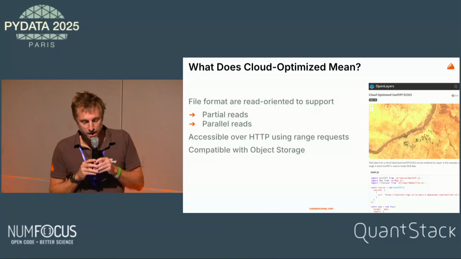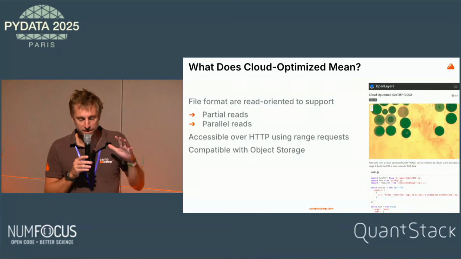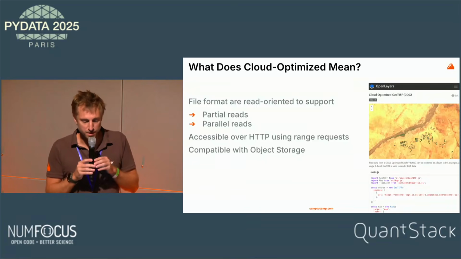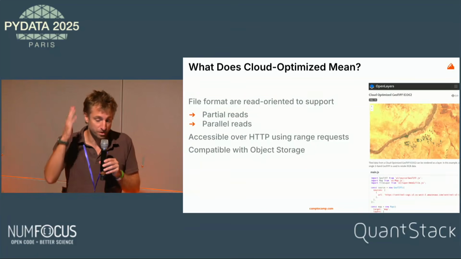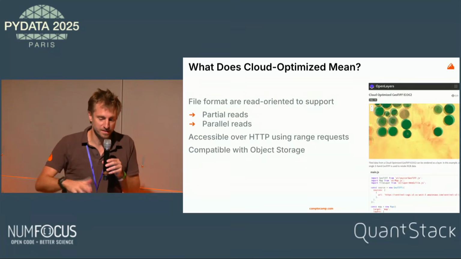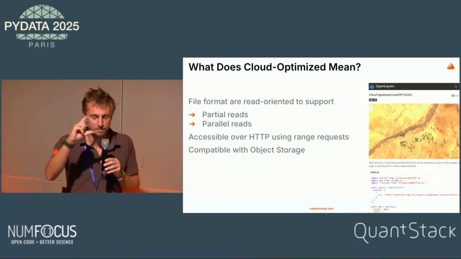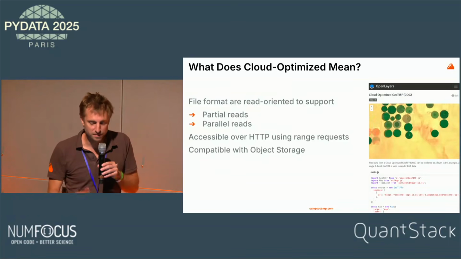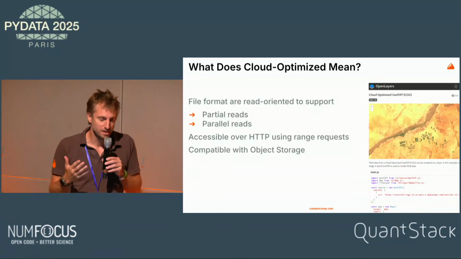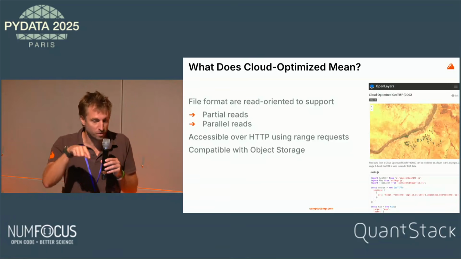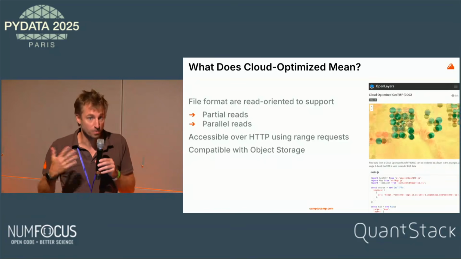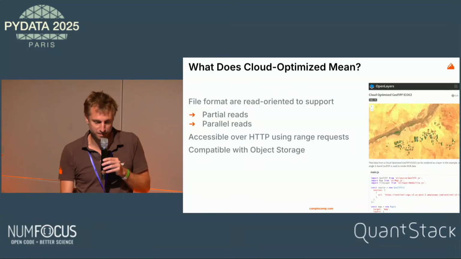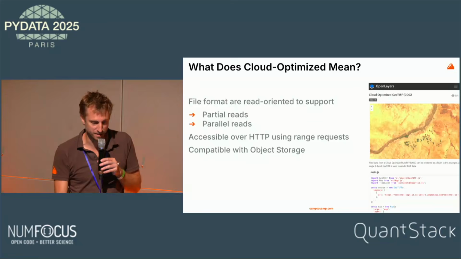The characteristics are that you can just do partial reads with HTTP range requests. So you can parallelize processing, and you can read just a little part of the file, on a specific extent. And that is really important, because if you want to work on a small area, you don't need to download the whole file, and that's where the breaking change is.